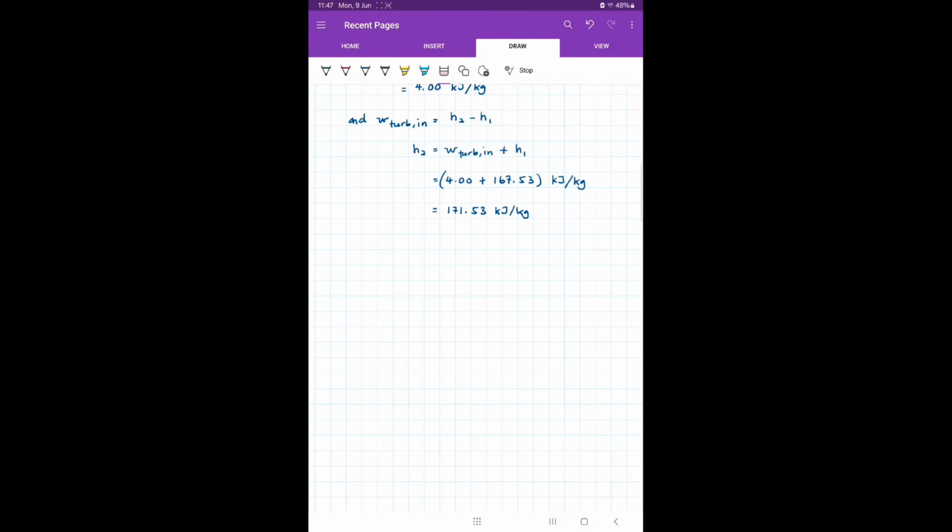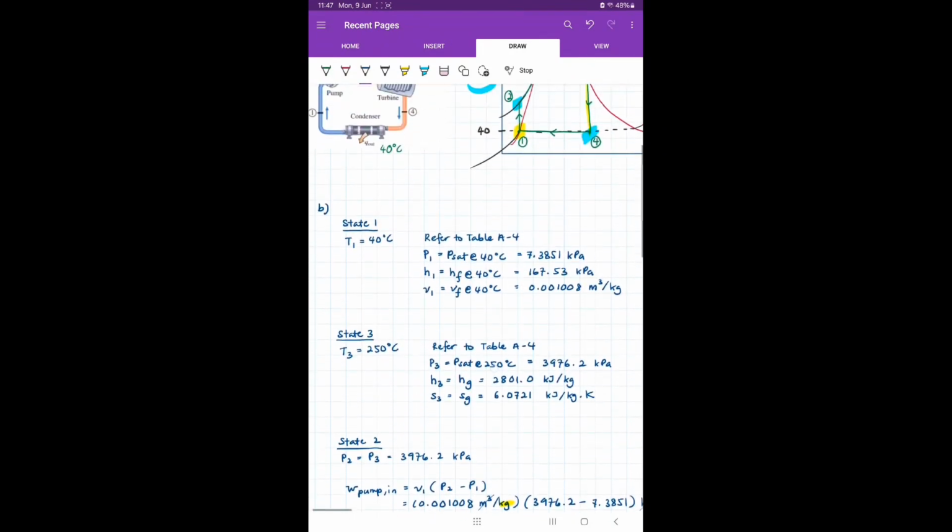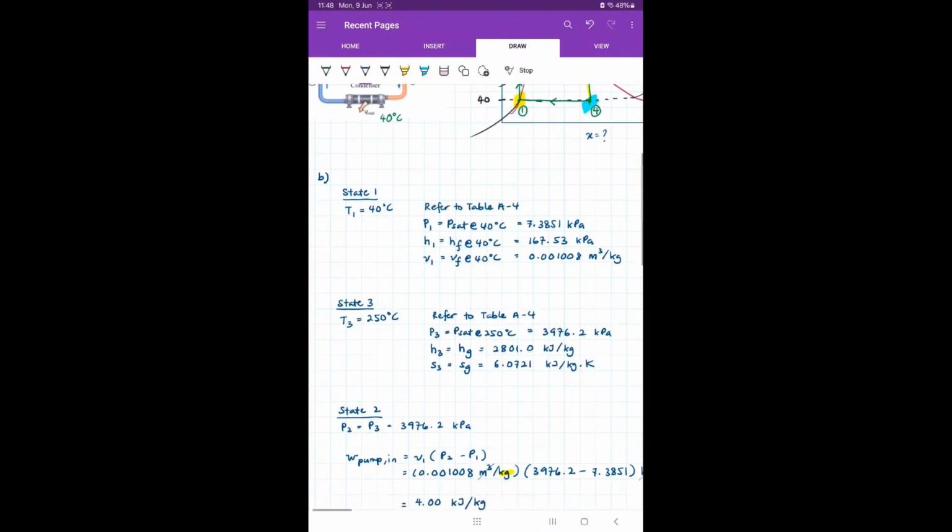Now that we have the enthalpy for states 1, 2 and 3, we need to determine the enthalpy for state 4. As we can see just now, state 4 is a saturated liquid-vapor mixture, so definitely it will have quality. We need to determine this quality in order to find the enthalpy.